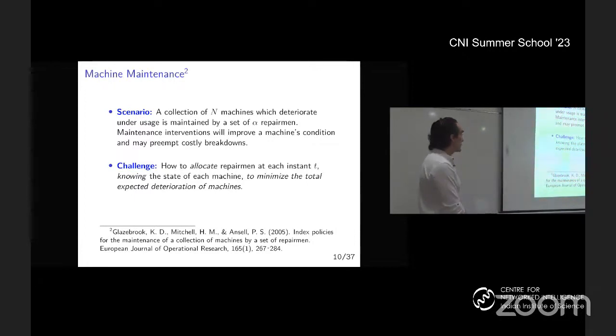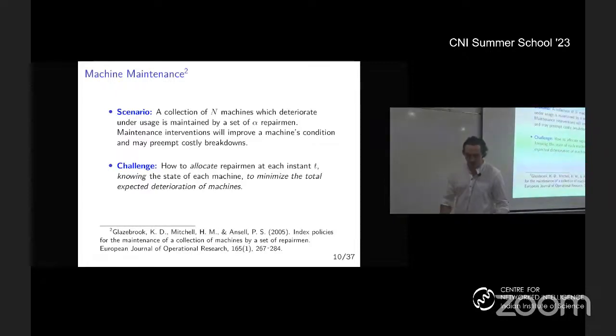Really good. So this is actually a good policy, which is basically take care of the ones that are in the worst states, and just allocate alpha of them, right? So this is a good answer, but actually proving that is quite hard.